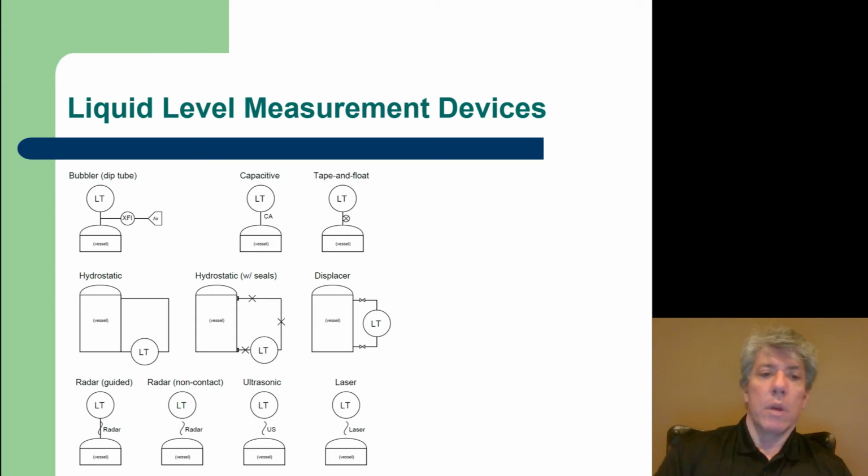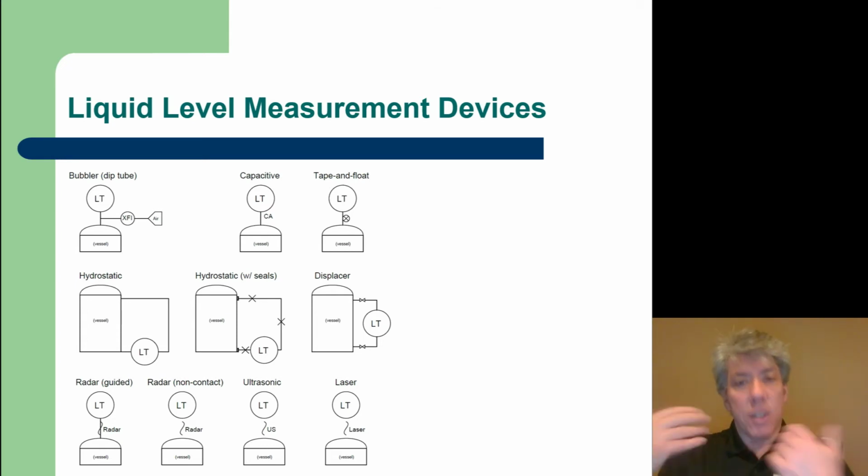And so if you look down at the hydrostatic first item in the middle there, the LT, the level transmitter, is probably working based on the pressure difference between those two points. But even though it's a pressure that's being measured, it's still an LT, a level transmitter, because what you're doing is taking that pressure signal, inferring the level, and then controlling the level.